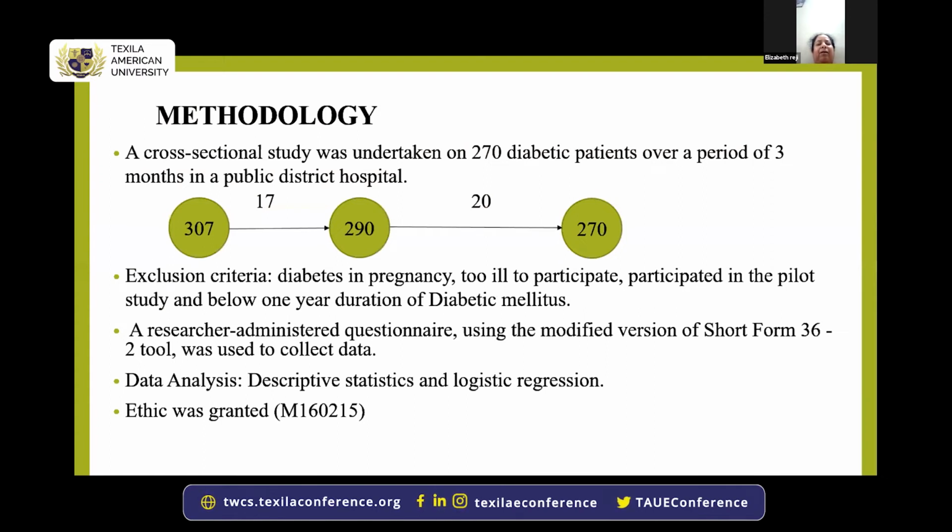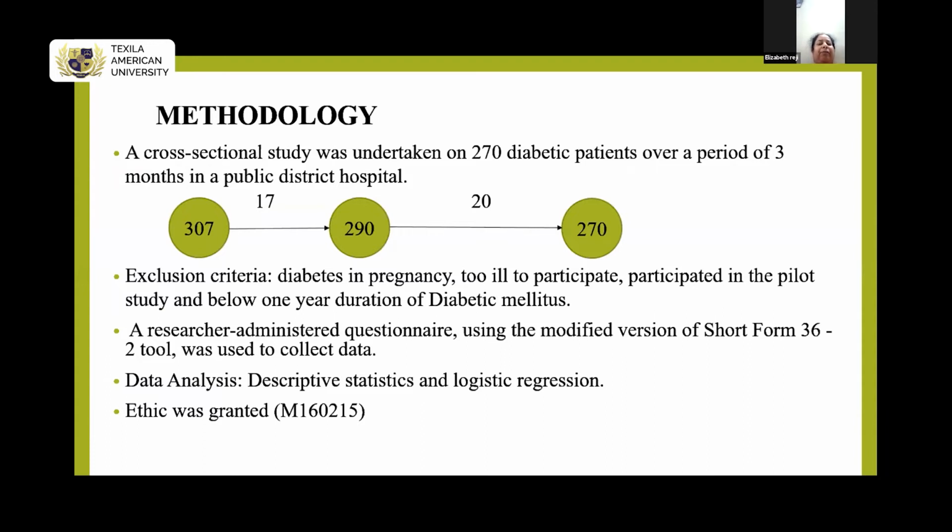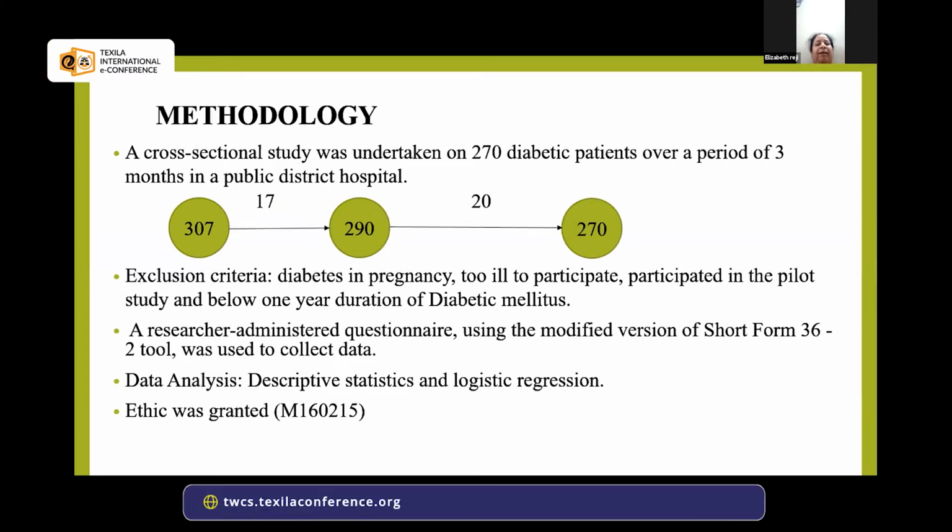Methodology. A cross-sectional study was undertaken on 270 diabetic patients over a period of 3 months in a public district hospital in 2016.